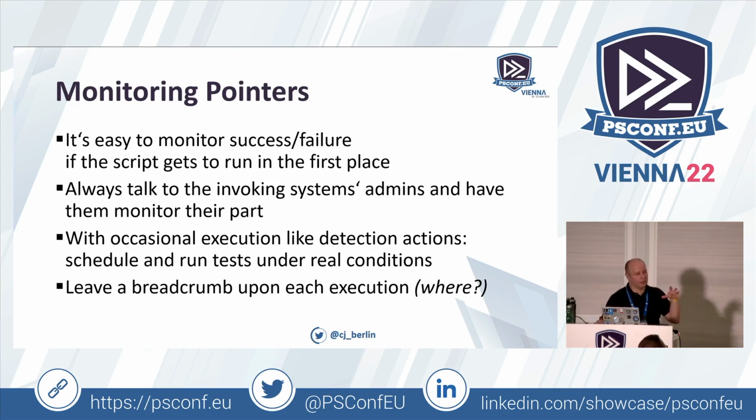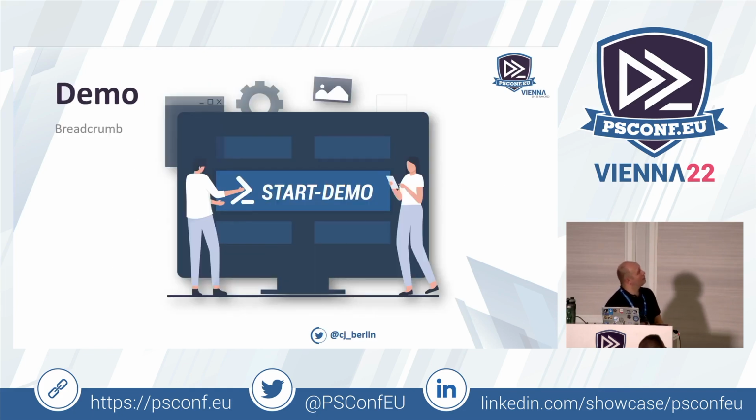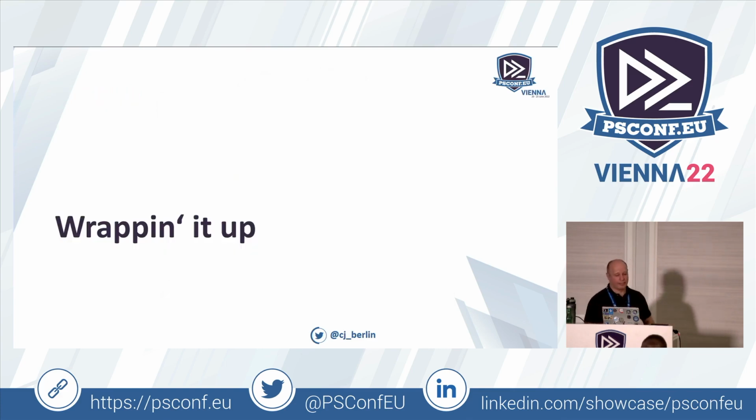A small file or an entry in the event logs that just tells the systems and their admins this script got executed. Where to put it is a design decision, because not all execution contexts on all systems can write to all locations, right?